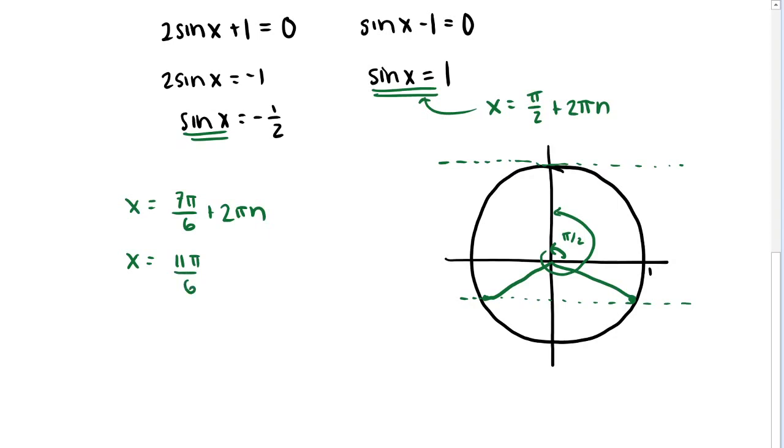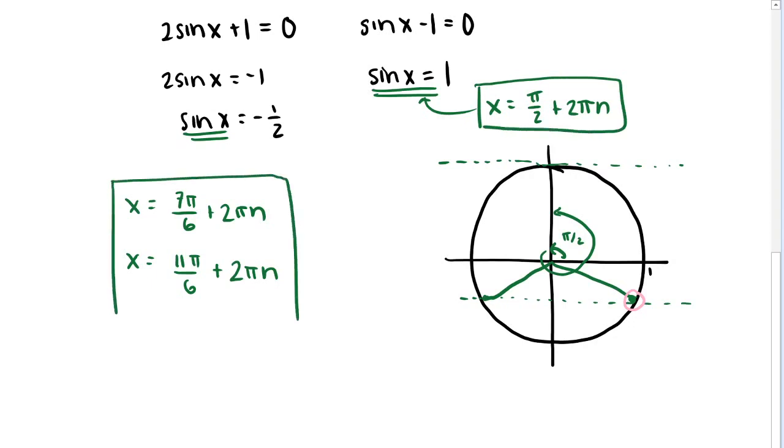Pi over 6 shy of the full 2 pi rotation around the circle. And then here, whenever we have coterminal angles to 11 pi over 6, we'll also get solutions to this equation. So here, these three sets of solutions are all of the solutions to our trigonometric equation that we started with.